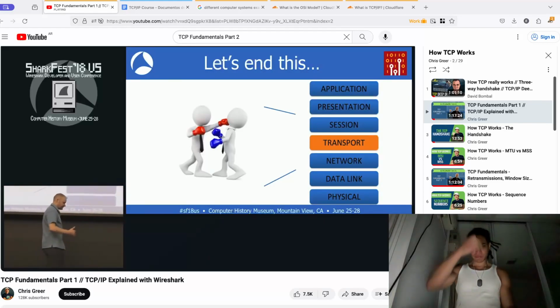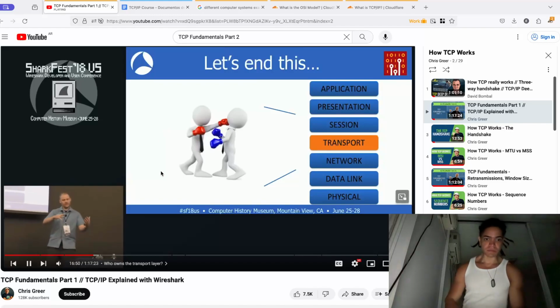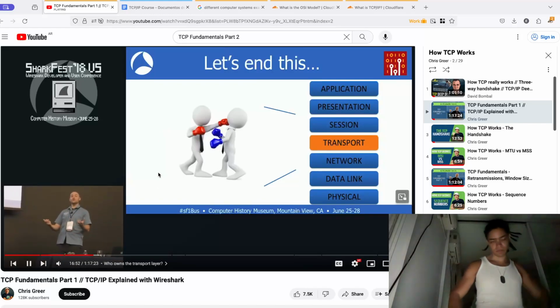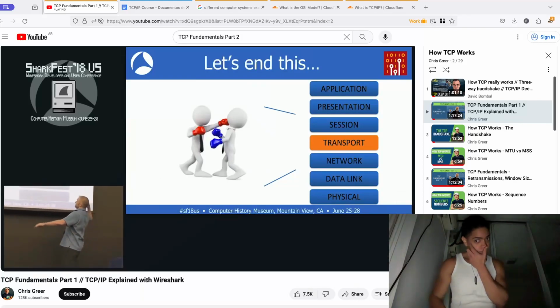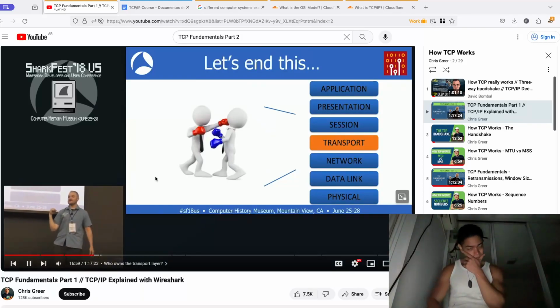So inside your brain, as far as what you are responsible for within your environment, if it's the physical, data link, network, let's reach up, grab that transport layer and own it.